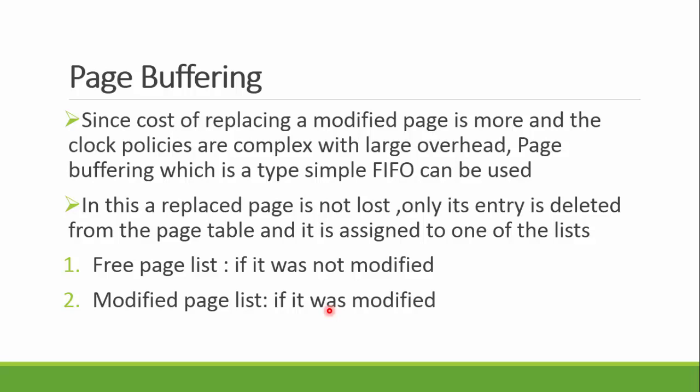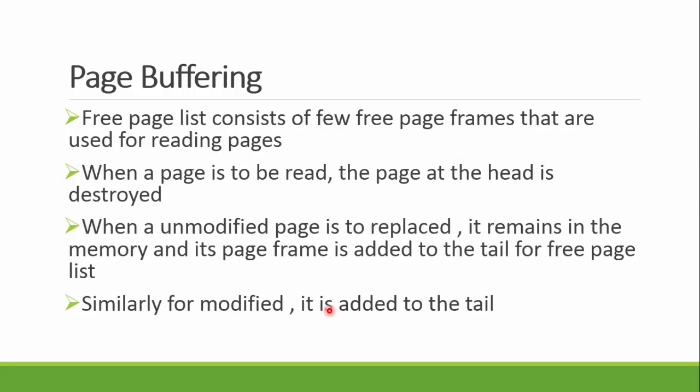The page is still there at its memory position, just its reference entry in the page table is deleted, and it is now referenced in the free page list. And if the page was modified in between and now it needs to be replaced, its entry from the page table is deleted and it is entered into the modified page list.